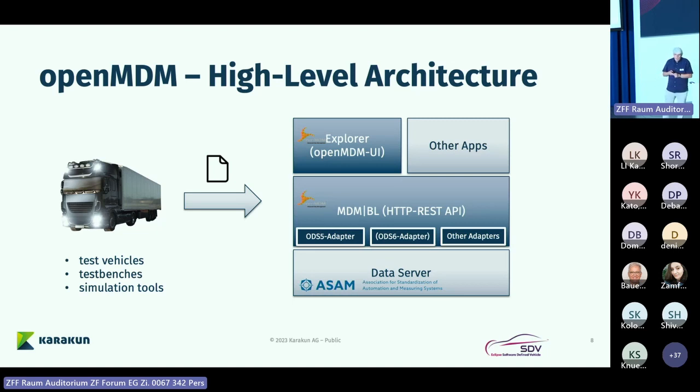But as you can see here on the right, there are already two adapters that use different databases. Of course, the data model of the database server must be quite close to the ODS standard. You will see later when I go into the model why that is obviously the reason. And this backend layer, this server, is the main part of the repository.